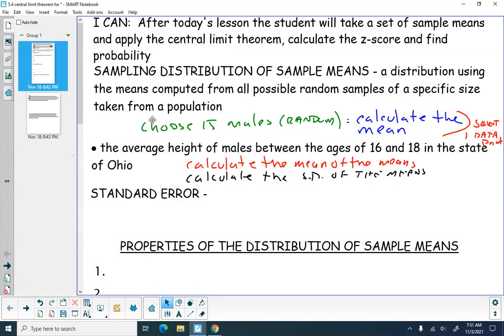We will do a frequency diagram of the means. That is what a sampling distribution of the sampling means is.